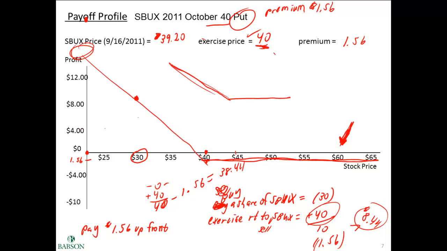So think about ExxonMobil now. ExxonMobil makes more money when oil prices rise, and they're exposed on the downside if oil prices fall. So ExxonMobil can buy a bunch of puts on oil prices.